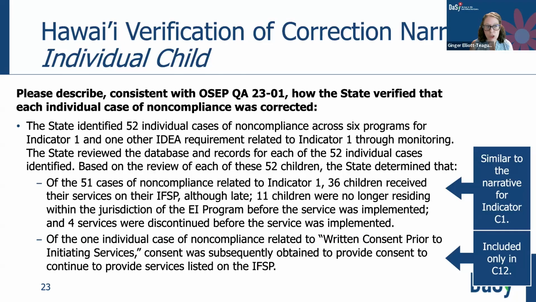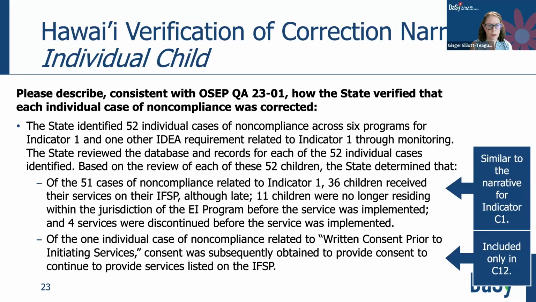They had 52 individual cases of noncompliance across the 6 programs. 51 of those were related to indicator 1, and then they had 1 related to that written consent issue. That middle paragraph, where it starts with the 51 cases related to indicator 1, is extremely similar to the narrative they wrote for indicator 1.